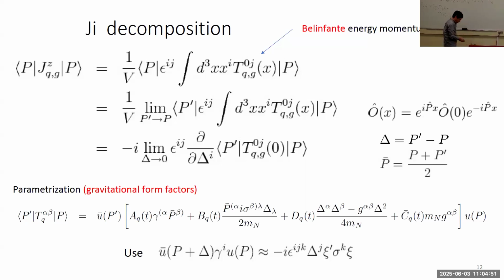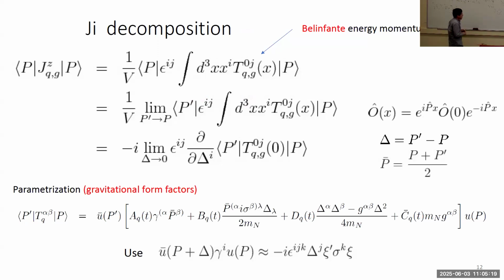Because I want to take care of this factor of x^i, which is explicit in the angular momentum tensor. So I want to get rid of this x^i, and the way we do this is to write this as a derivative with respect to the momentum transfer. Then I can get rid of this x^i.